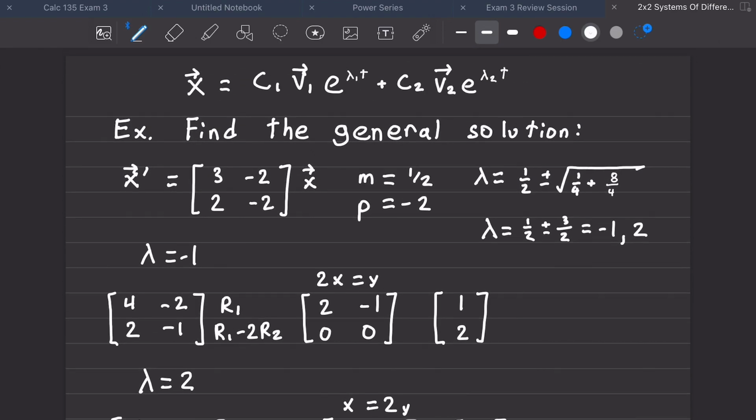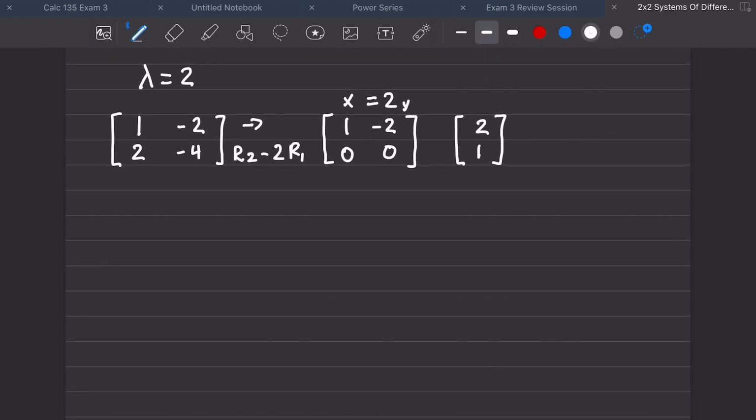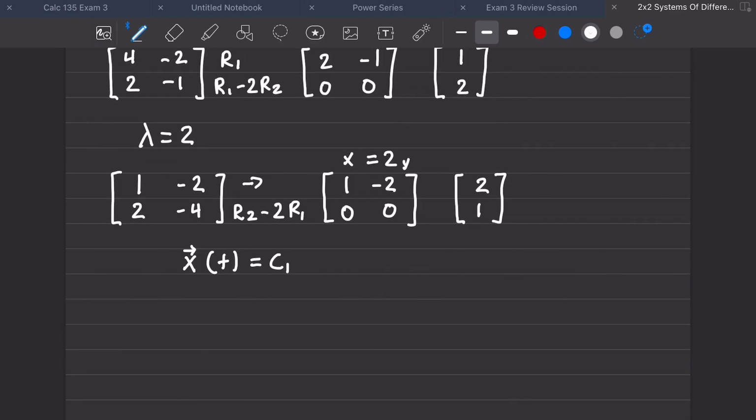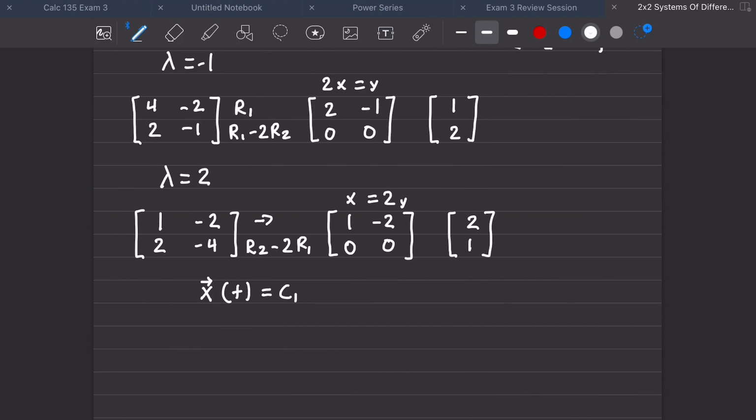So we're in a nice spot now. If we look back at our definition, we were searching for 2 eigenvectors and 2 eigenvalues. We found all this, and pretty much we're at our general solution now. So I'm going to say x of t is equal to c1, and let's begin with our first eigenvalue, negative 1. So c1 times 1, 2, multiplied by e to the negative t.